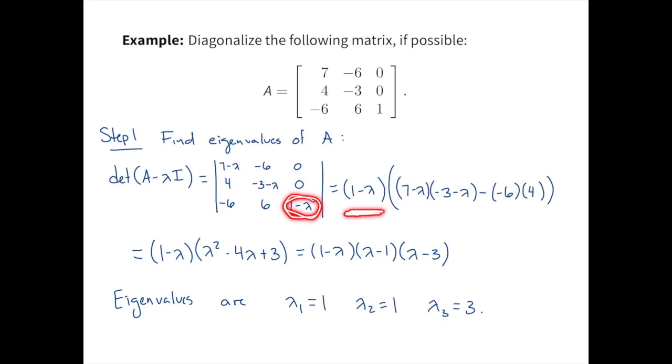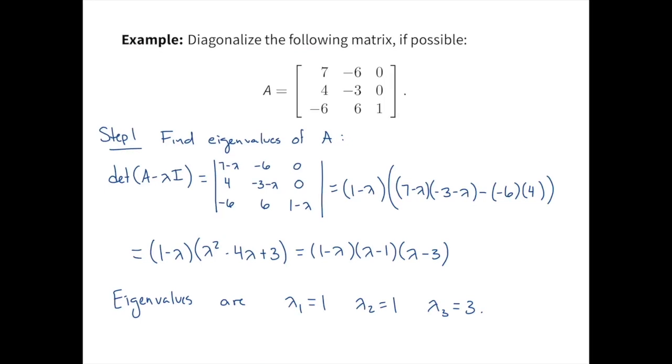I didn't want to multiply that factor through because then I'd have a cubic to factor, and that'd be a lot of work. So I hung tight there and left this factor on the outside, and then the only thing I needed to factor in the end was this characteristic polynomial. In other words, if you don't have to multiply everything out, it's a good idea not to because you'll save yourself some work factoring in the end. Of course, that's not always going to be possible, but sometimes it will be.